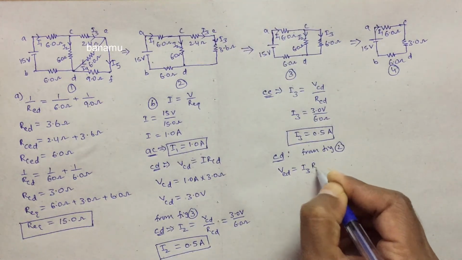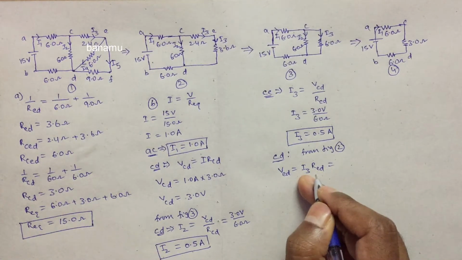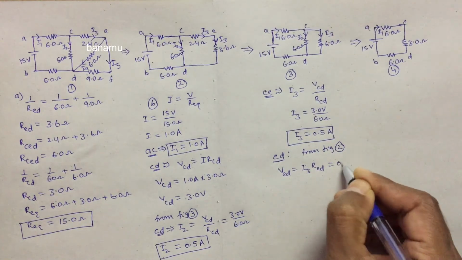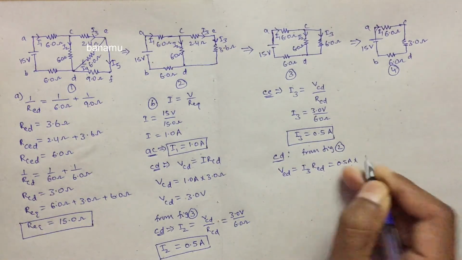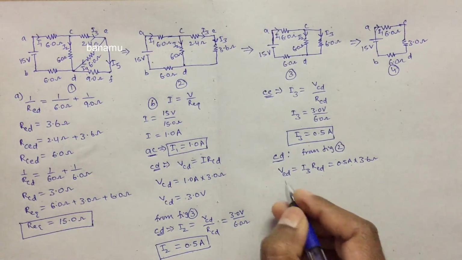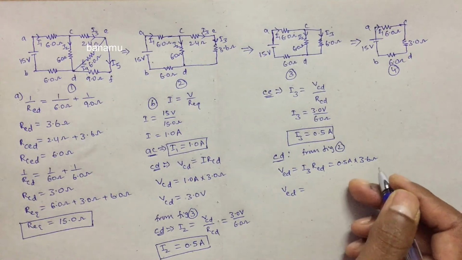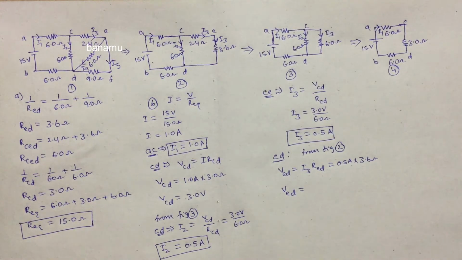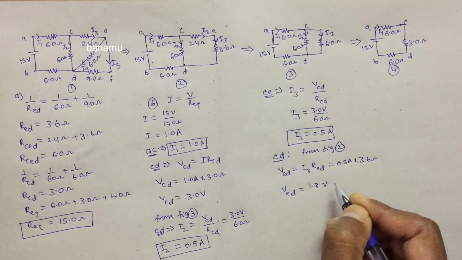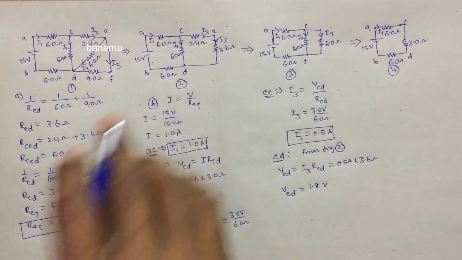I3 is 0.5 amperes and the resistance is 3.6 ohms. So VED is equal to 1.8 volts. This is the potential difference between the points ED.